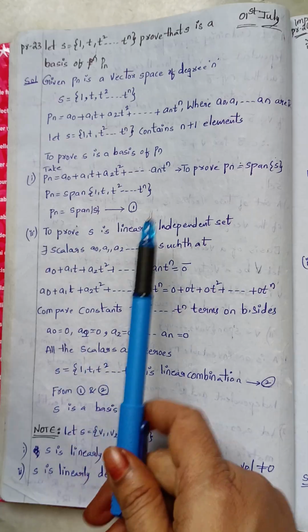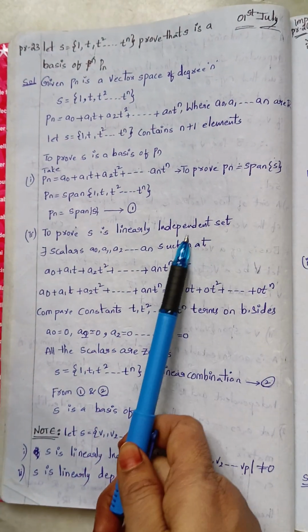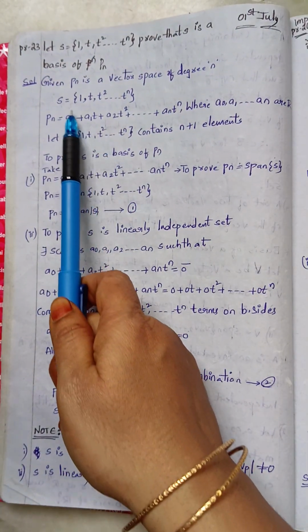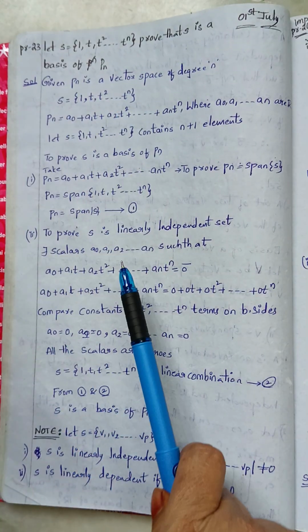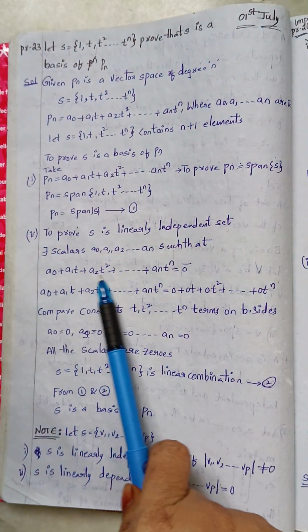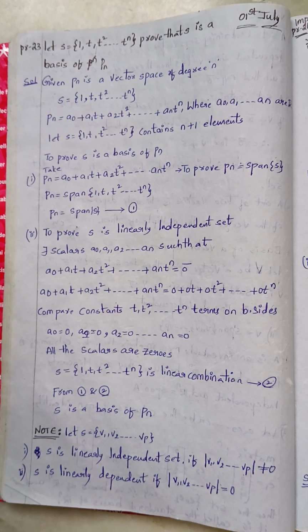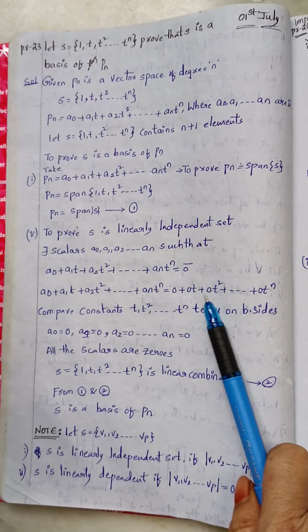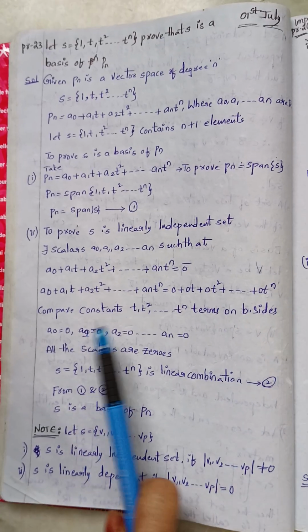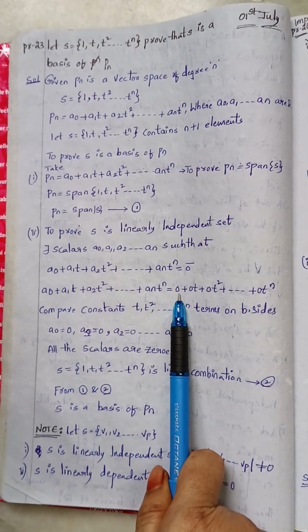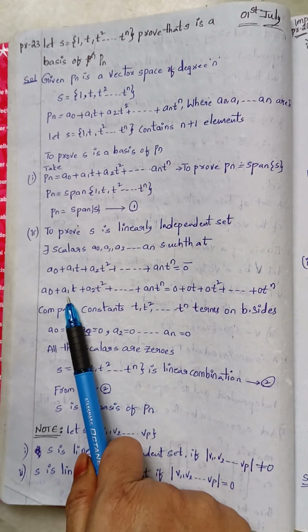So the first condition is proved. To prove it is a linearly independent set, how many vectors are given? n plus 1 vectors, so we must choose n plus 1 scalars. Then take the linear combination equal to 0 bar. Then 0 bar we can also write as 0 plus 0t. In terms of polynomials, we compare constants: a naught equals 0. Compare t terms: a1 equals 0.